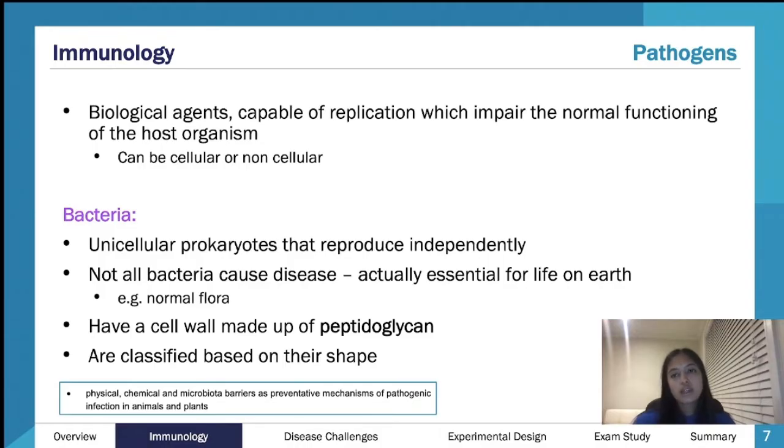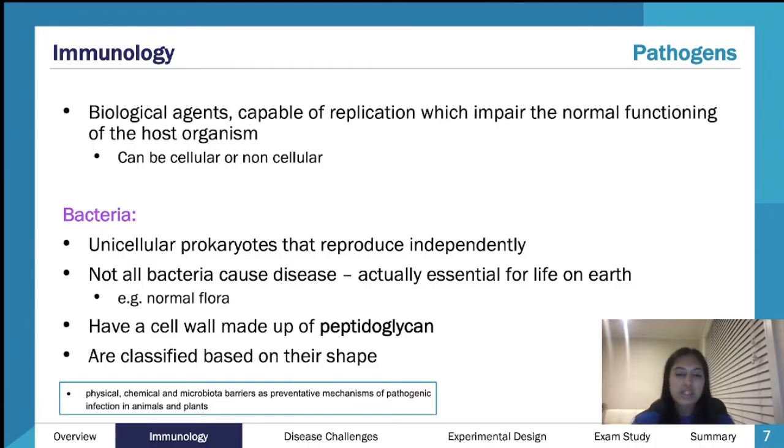Obviously we think about pathogens and bacteria in this context of spreading disease, but bacteria are really helpful. We'll talk about our normal flora and how that can form a bit of a defense system. You've got bacteria all over you, your skin, your gut, mostly everywhere. But in that case, they're not pathogenic because they're not causing disease.